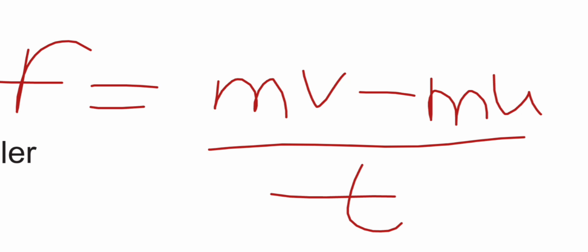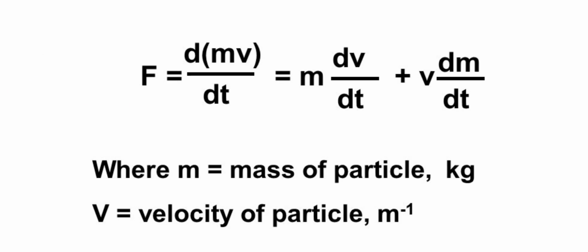From this we can apply differentiation, because we have to change the velocity and the time. Generally, we get this very important formula: F equals v dm over dt plus m dv over dt, meaning that the mass can change, or the mass can remain constant whilst the velocity is changing.